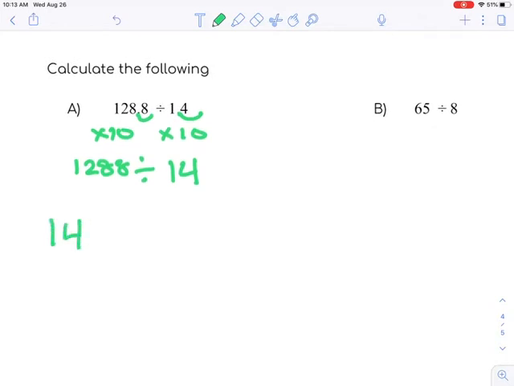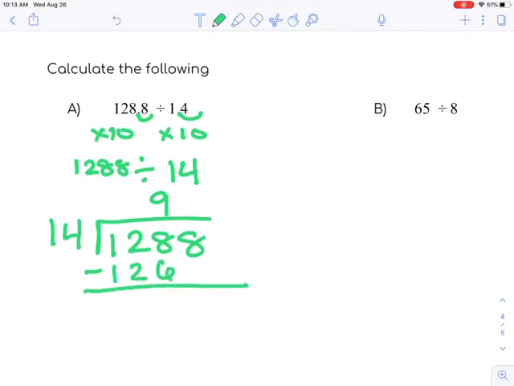So my divisor is on the outside. So let's start here. 14, how many times can 14 go into 128? It can go in 9 times. And how much is left over? So we have 14 times 9 is 126.